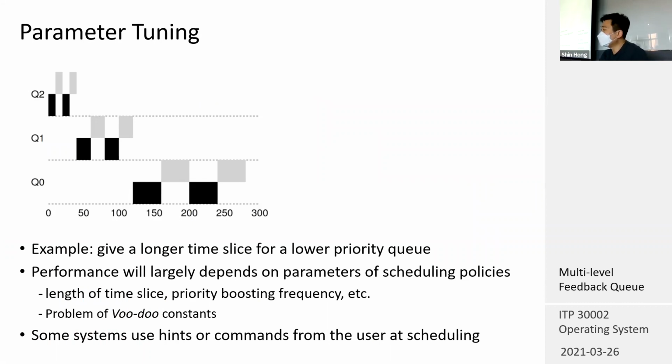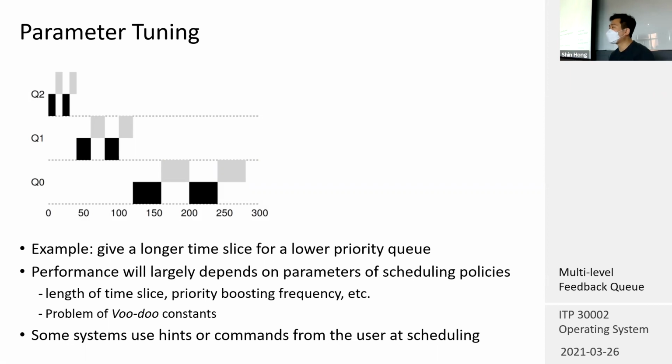But one of the limitations of MLFQ is that it has many parameters. For example, what would be the proper amount of the time slice, or time quantum? What would be the proper amount of time for priority boosting, or the proper value for the time allotment for aging?